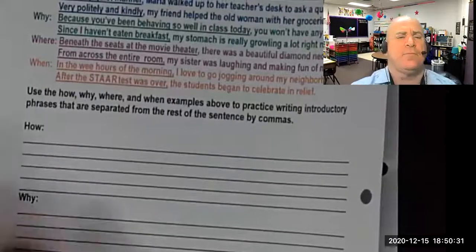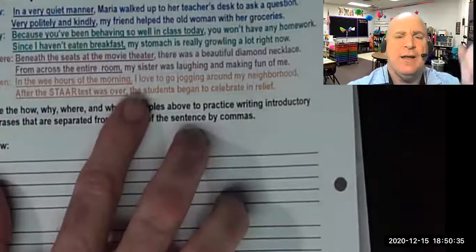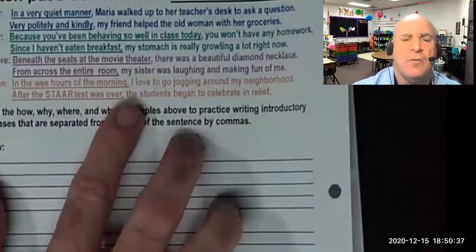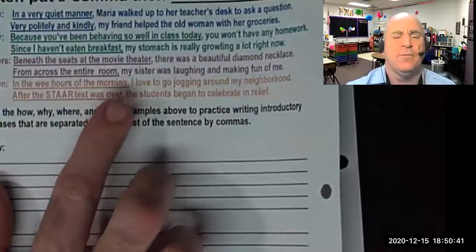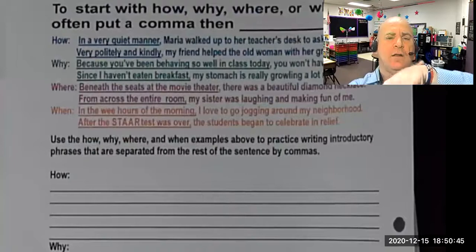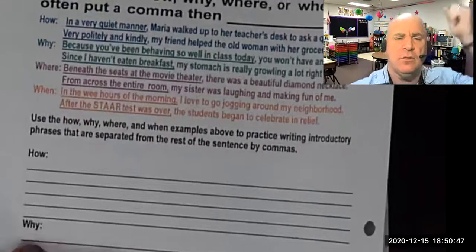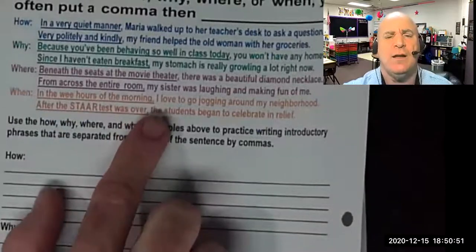Our last one, when, traditional way, capital. I love to go jogging around my neighborhood in the wee hours of the morning, period. To start with how, why, where, oh, when. Capital, in the wee hours of the morning, comma, capital.